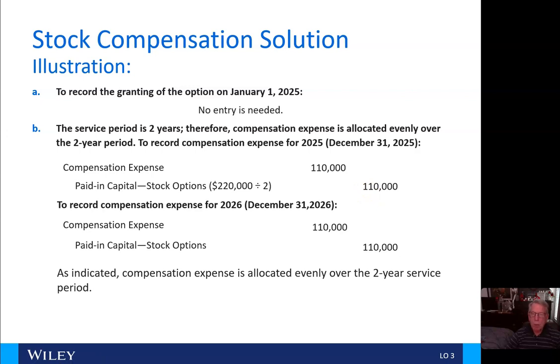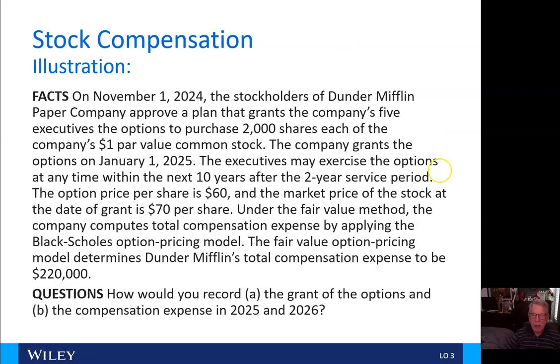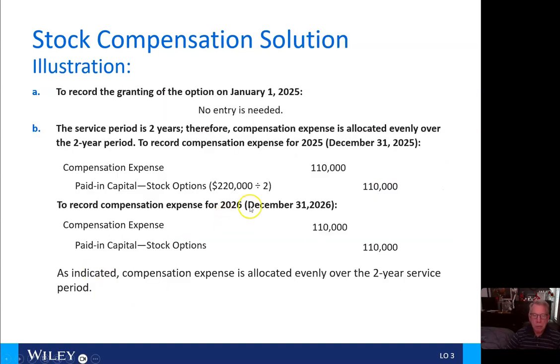And we get that number by dividing $220,000, given the model here, given in the problem here, by 2, half. Then in 2026, we record the same journal entry. So as indicated, compensation expense is allocated evenly over the 2-year service or vesting period.